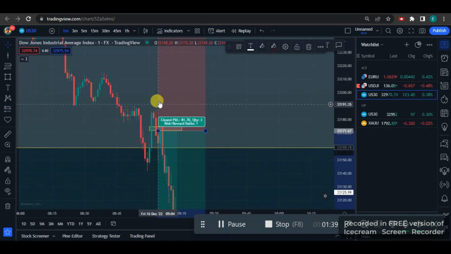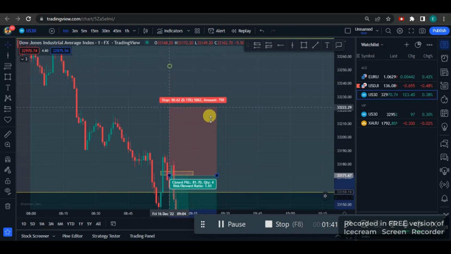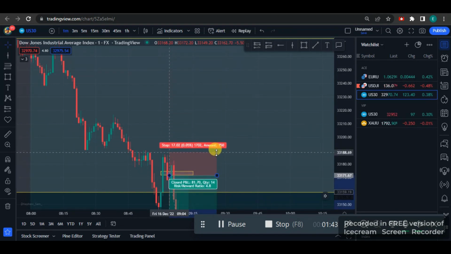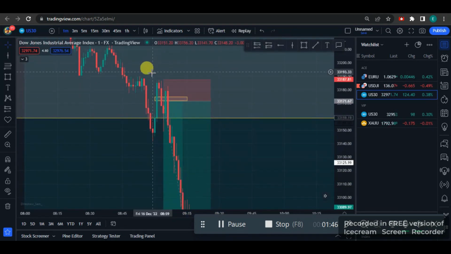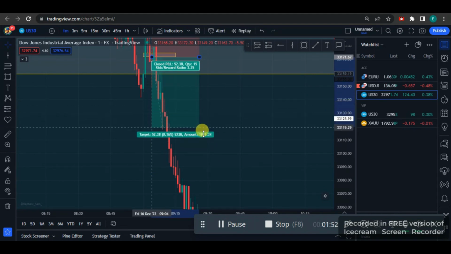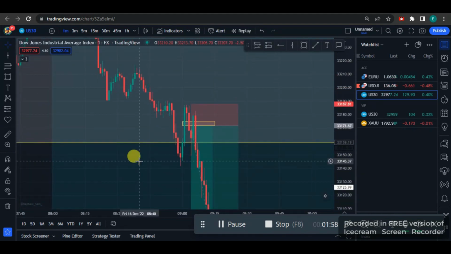And as you can clearly see, price triggered us in and went to the downside. So your stop loss is going to be slightly above that high that we traced, and take profit at 1 to 2, 1 to 3, 1 to whatever, guys. It works.